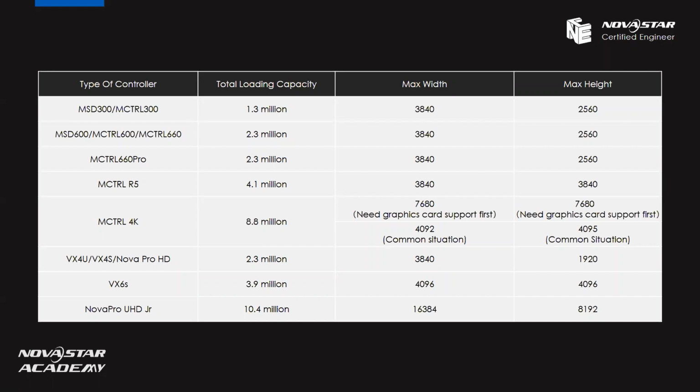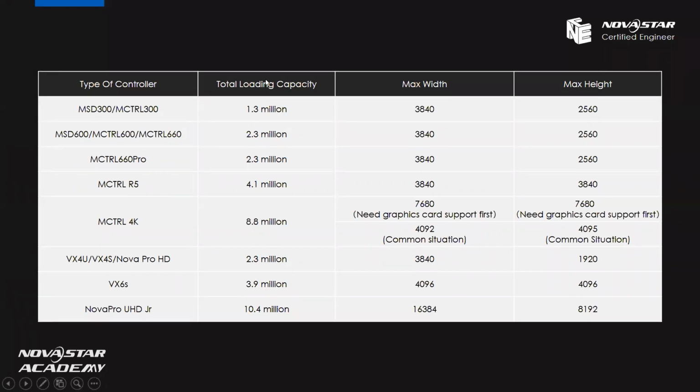But if you create a new virtual screen, then the screen can be customized, and the resolution should be under the graphics card's limit. This is the same as our scene controller. Our scene controller can also have a customized resolution. And of course, the resolution should be under the max capacity. Okay, let's see an example.